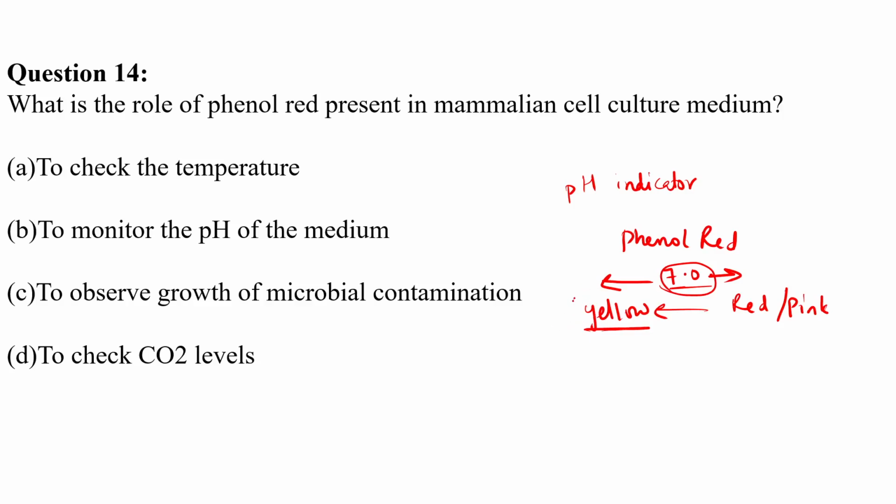So if your medium is turning yellow, that means something is wrong, something is changing the pH of the medium, and you have to immediately figure out what is changing the pH, and change that particular factor so that your pH remains 7 or 7.4. Your medium should look red or pinkish in color.